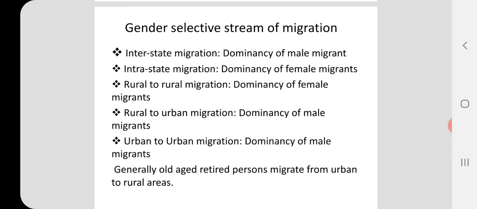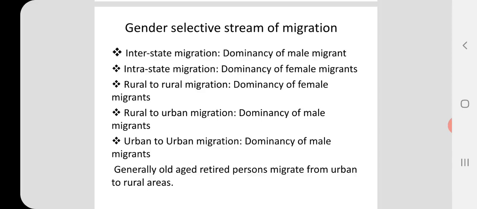Next, take a look at the gender selective stream of migration. That means in the case of male migrants, from where to where they migrate, and in the case of female migrants, where they migrate.